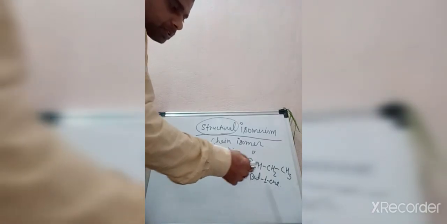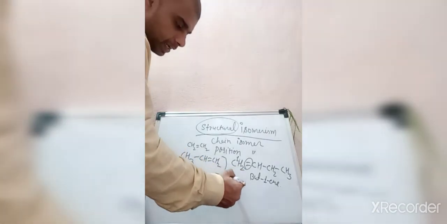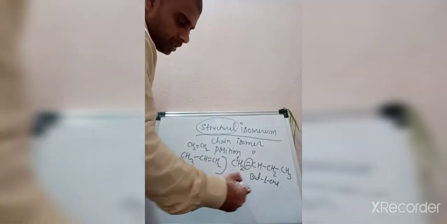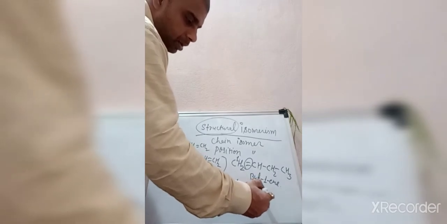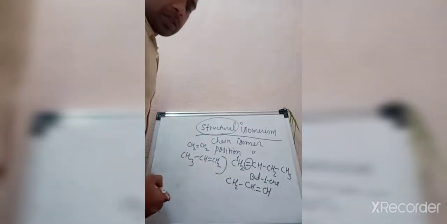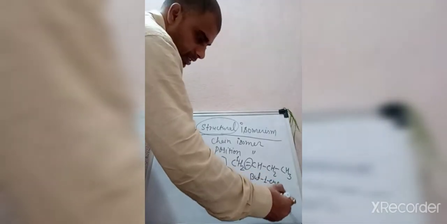But here you can see that I can change the terminal carbon, and I can also shift this double bond from the first position to the second position. So the second isomer would be CH3 single bond CH double bond CH and CH3.